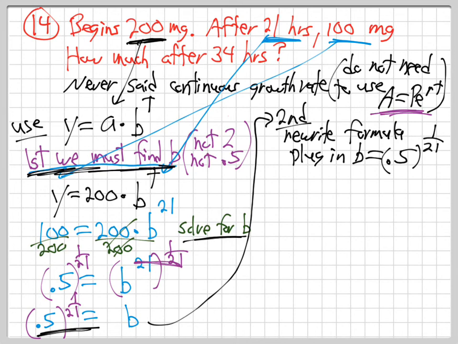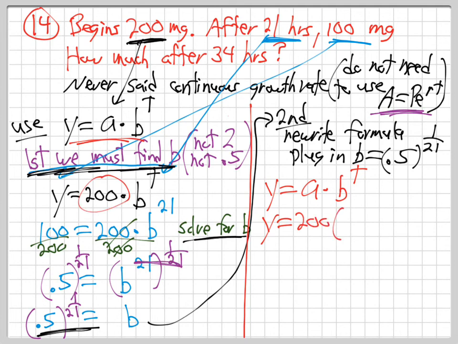So let's write out the formula. What do we got now? It's y equals, this is part 2 here, a times b to the t, but we know the a is 200, and the b now is 0.5 to the 1 over 21, and then there's also a t out there, right? This t is also there.